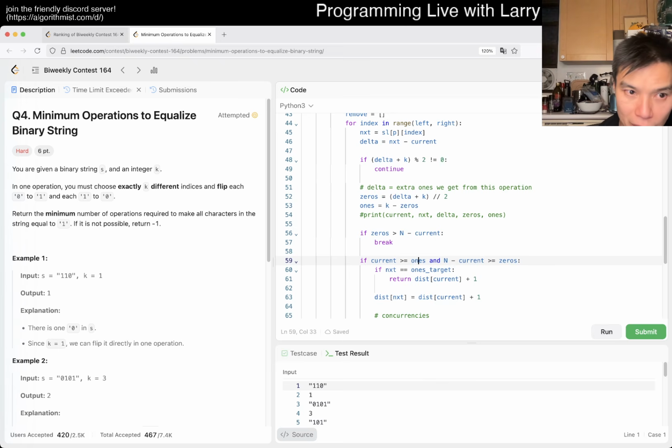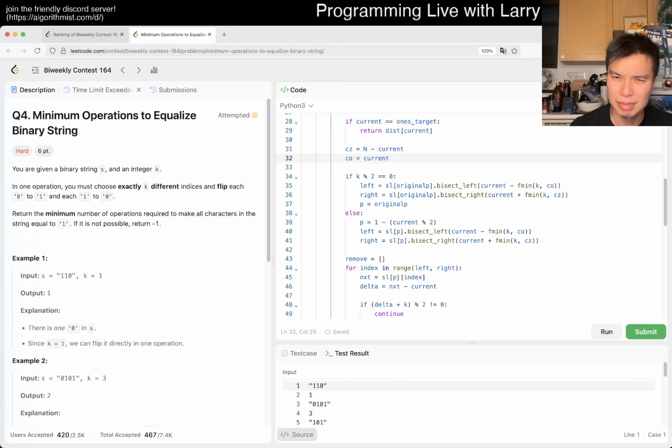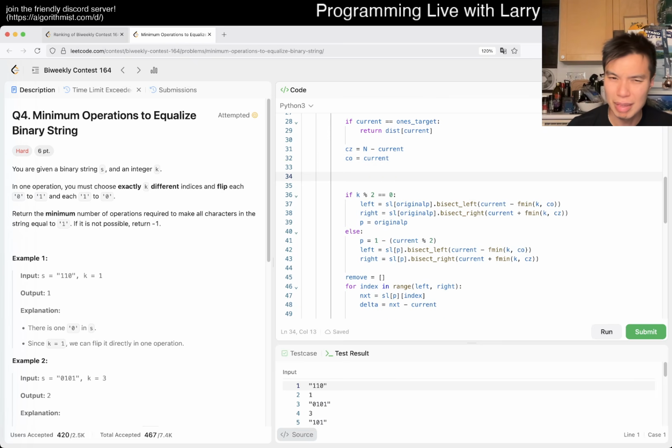If we don't have enough ones, so then what does it mean to have not enough ones? So the delta is, oh, okay. So then the max delta, the minimum delta, I guess, is just something like this, right? Max delta.